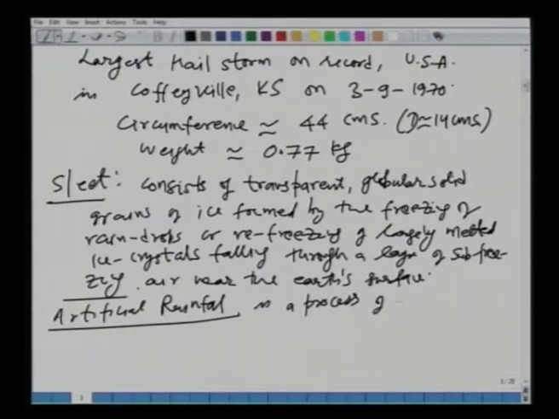of artificially nucleating the clouds to induce precipitation.